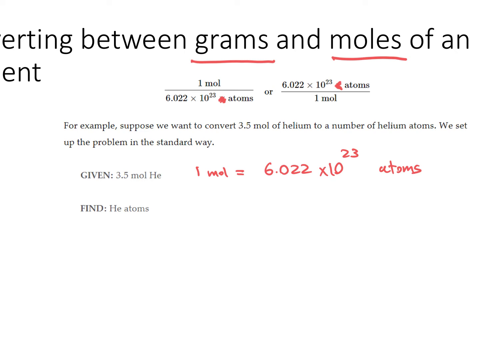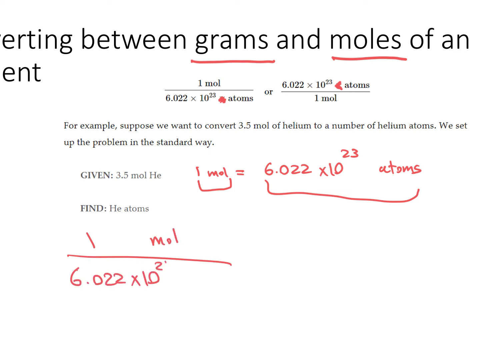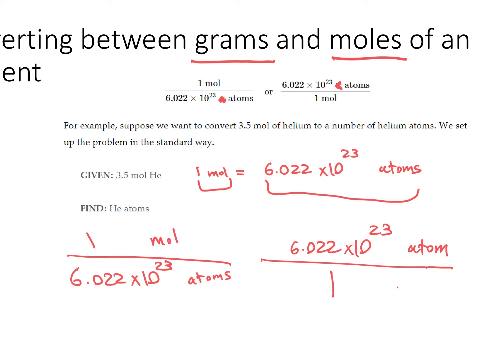So if you want to write a conversion factor, do you remember what a conversion factor was? It's the ratio that you write in numerator and denominator, the equivalent of what you have here, right? So you can write 1 mole equals 6.022 multiplied by 10 to the power of 23 atoms, or you can write 6.022 multiplied by 10 to the power of 23 atoms are in 1 mole.